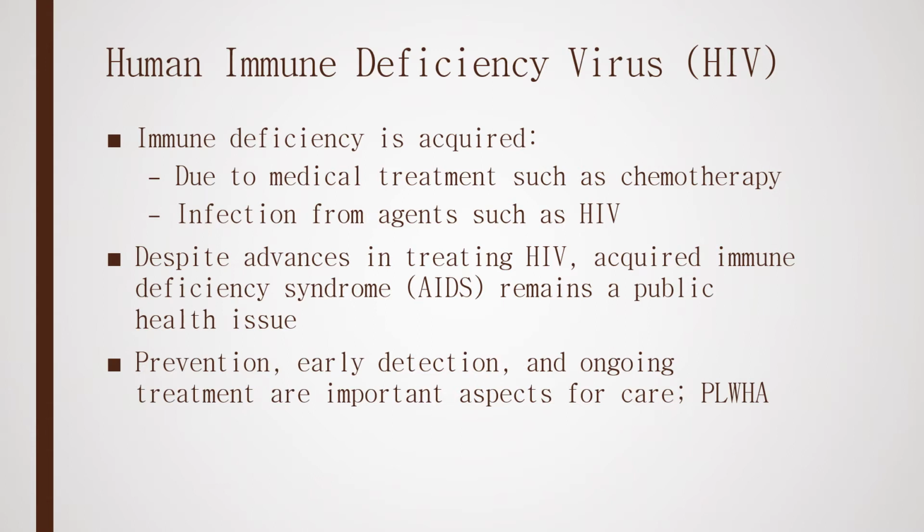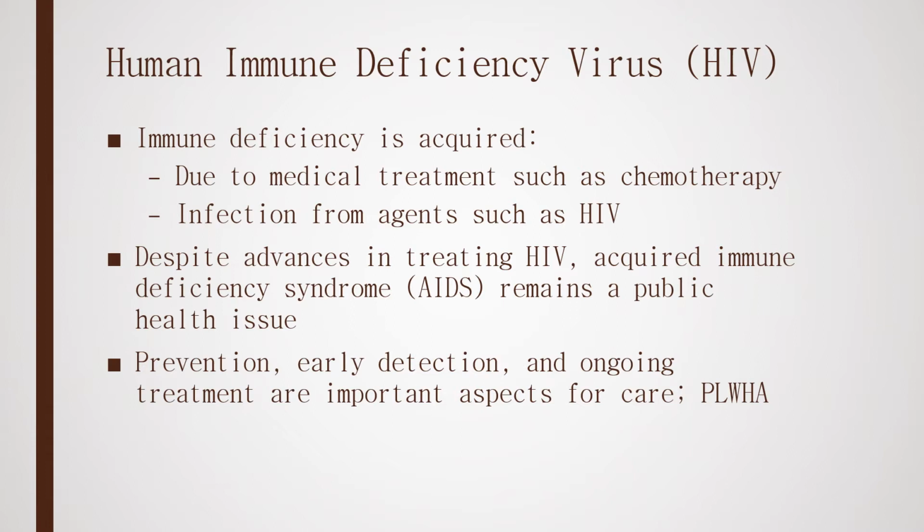So basically, there are two types of acquired immunodeficiency. One is when it's medical, like chemotherapy, and the other is when an agent such as the human immunodeficiency virus attacks the body and the body cannot respond to this.